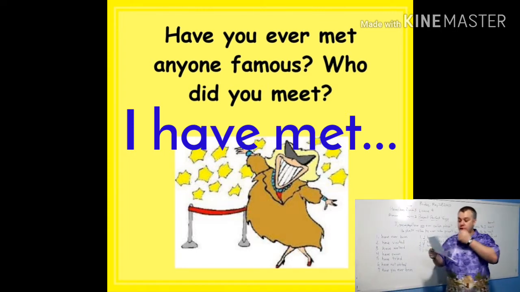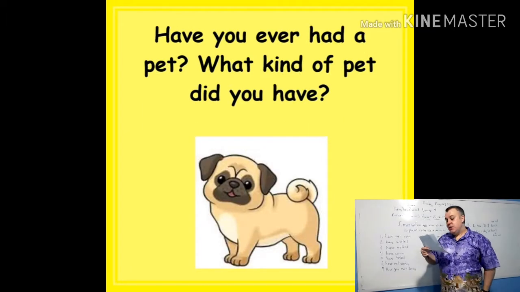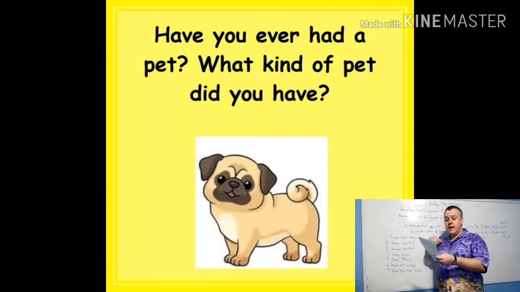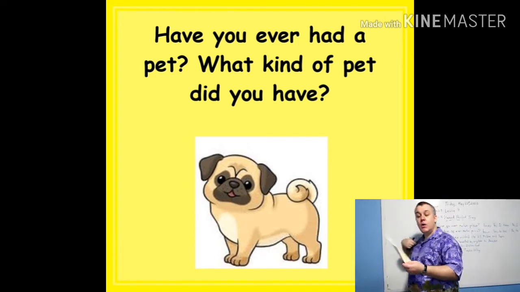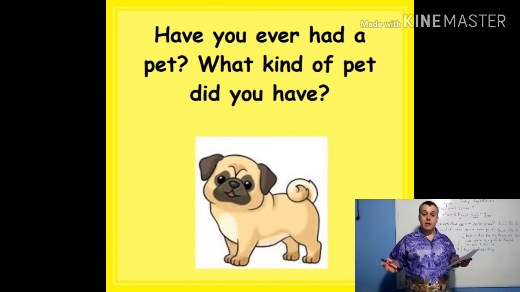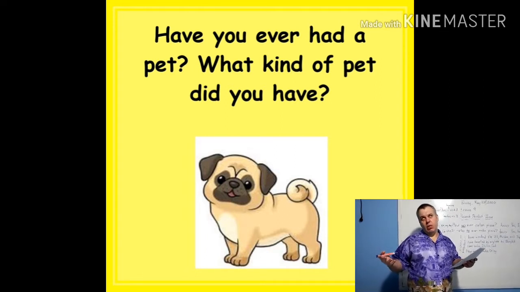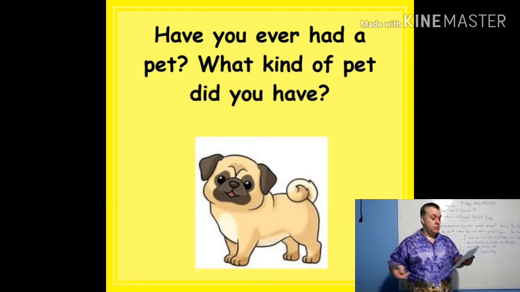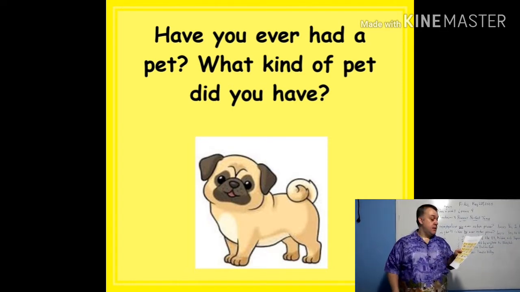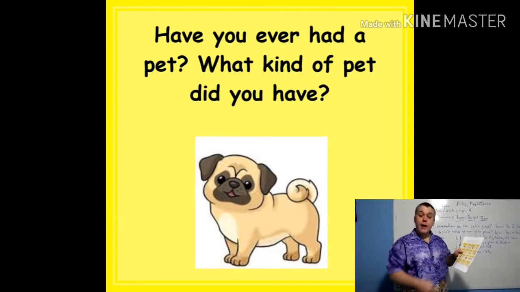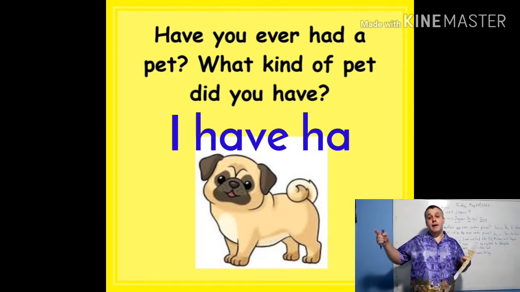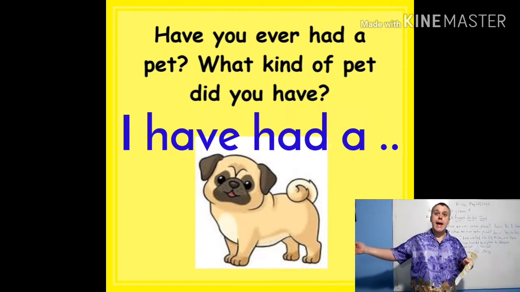Okay? Now, have you ever had a pet? What kind of pet did you have? So, a pet is like a dog or a cat or a snake or a fish or something like that. So you would say, I have had a cat.